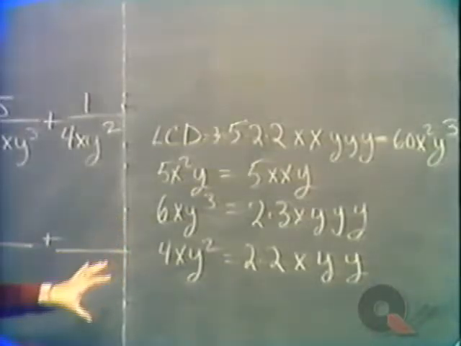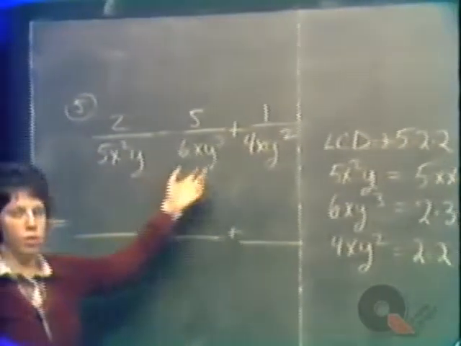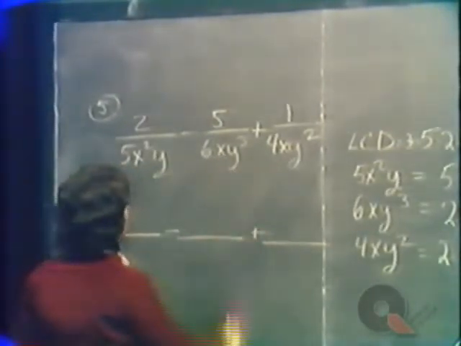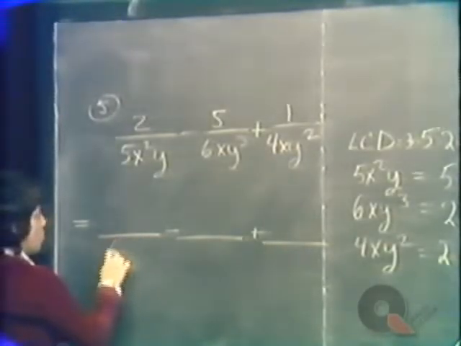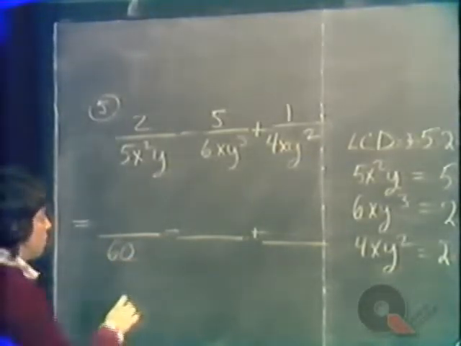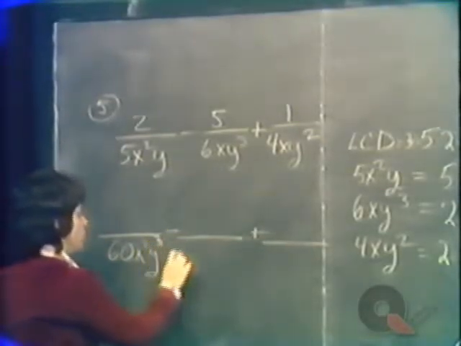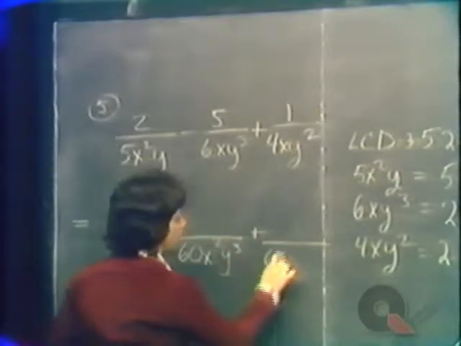That's sort of the smallest quantity, such that each of these denominators will go evenly into it, or each of these denominators will be a factor of that. So we want to build fractions equivalent to each of the original fractions, each having the denominator 60x squared y cubed.